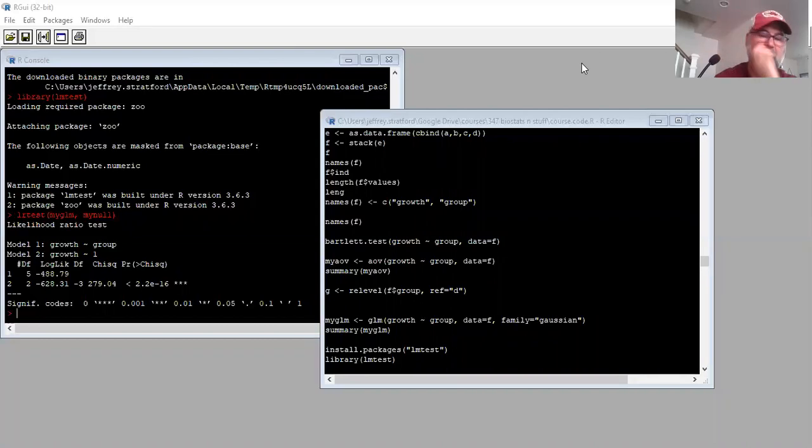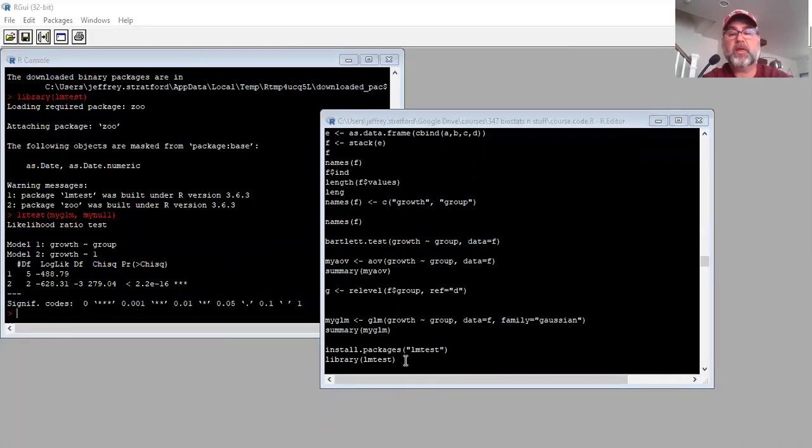Okay. The problem before was LR test is in a package called lmtest. So linear model test actually is a great little package. There's a whole bunch of things that gives you p-values. So I ran install.packages and in quotes lmtest. Took about 10 seconds to download.